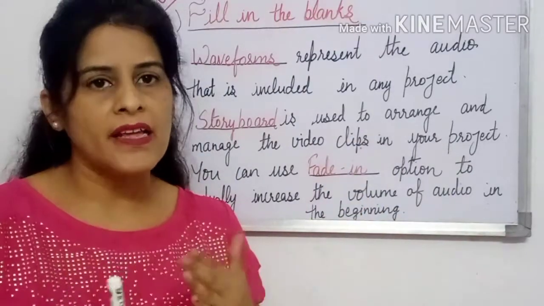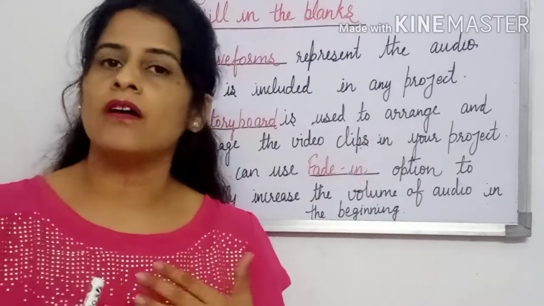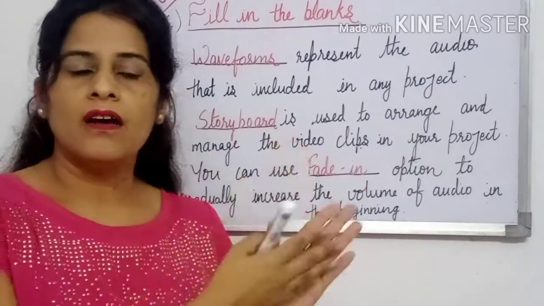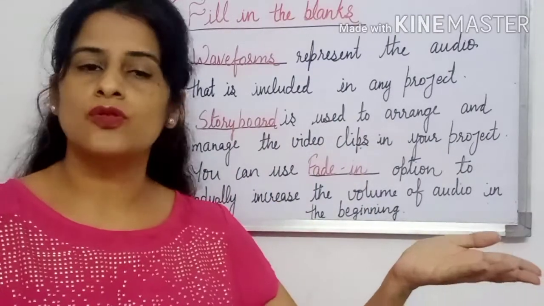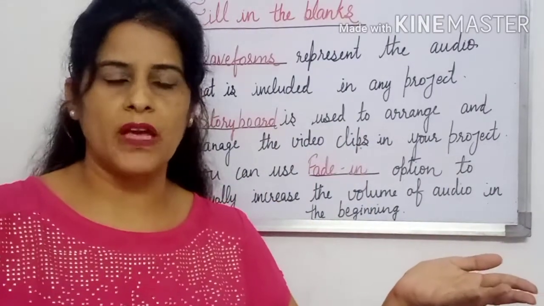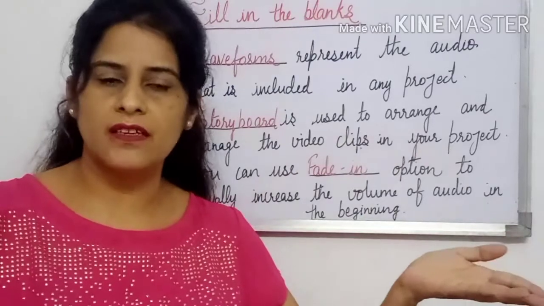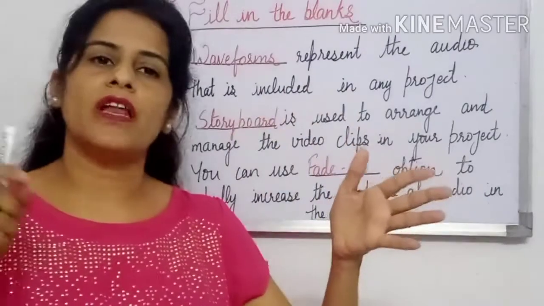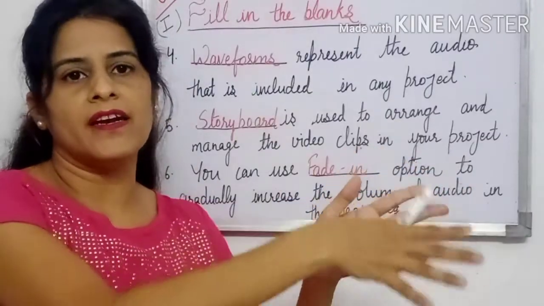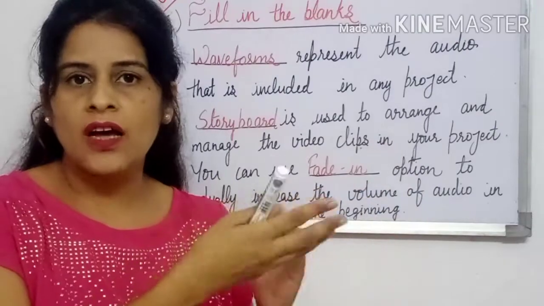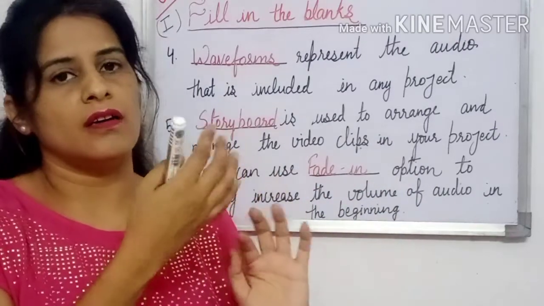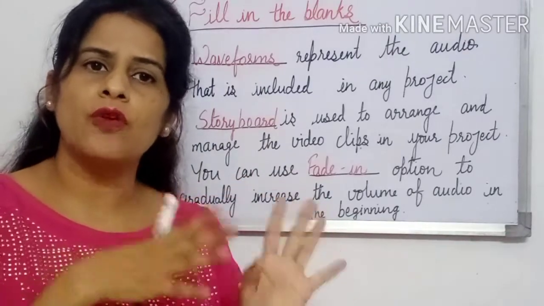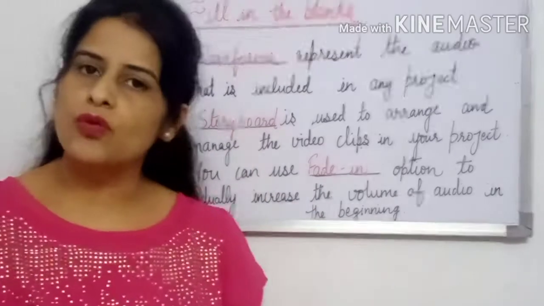Whenever you are adding some pictures, videos and audio, on the right hand side there is the preview pane, and on the left hand side there is the storyboard. Whatever you add, firstly it will be added there, and then you can change the numbering and insert some transition. Everything you have added, you can see in the storyboard.